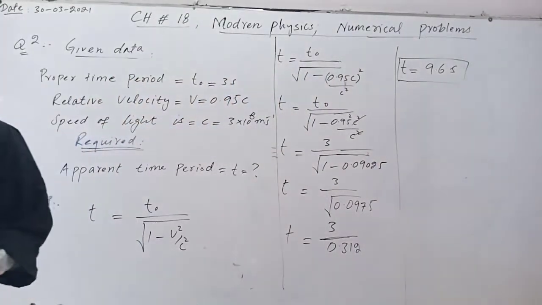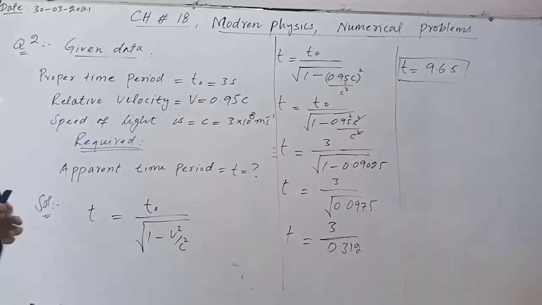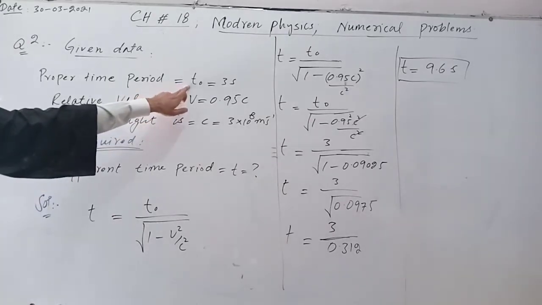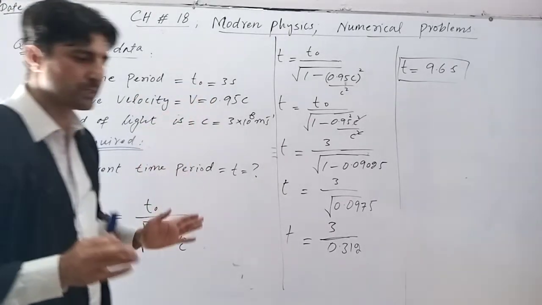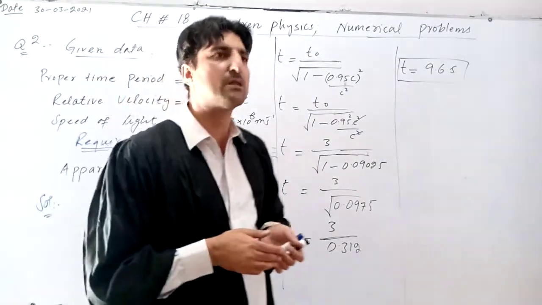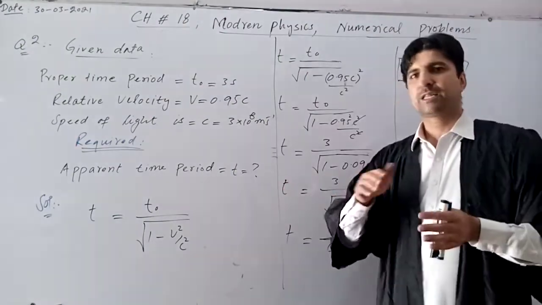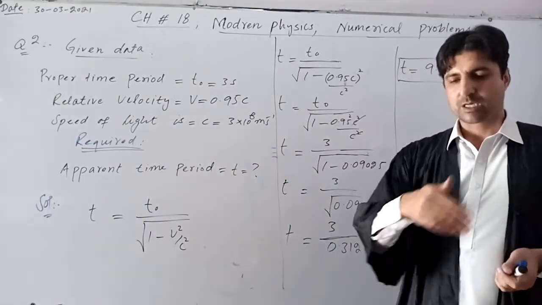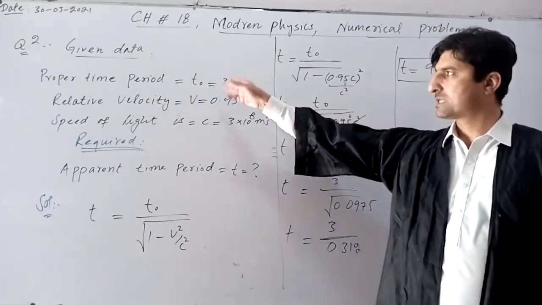So dear student, you can see that the proper time is 3 seconds in a reference frame. If we are here in this room, this is the reference frame for us. So in this room, we will observe that the time period of the pendulum is 3 seconds.